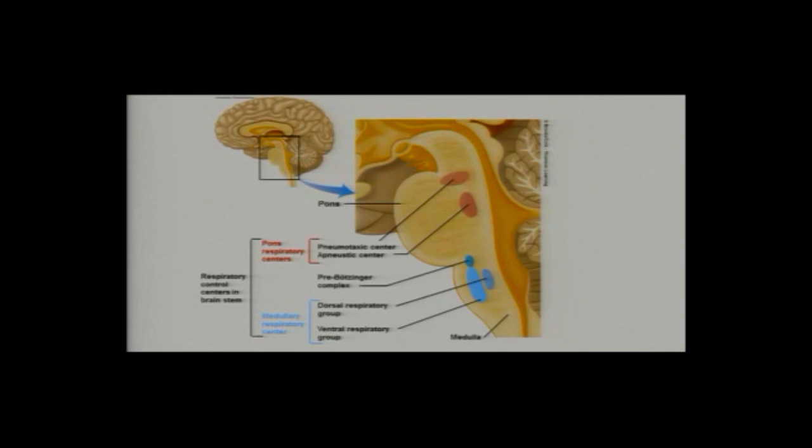So what's a normal respiratory rate for a resting state? 10 to 12, 10 to 15, somewhere around there, right? And usually the tidal volume, or depth of breathing, in a restful state is pretty minimal. It's about 500 milliliters, half a liter.